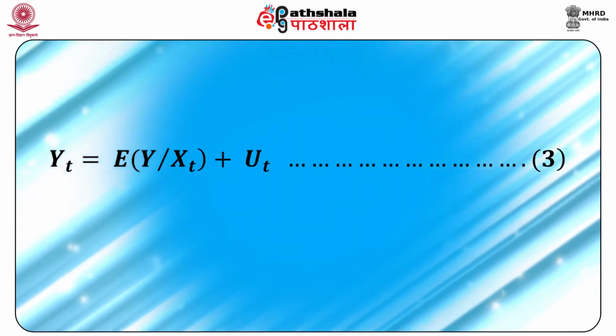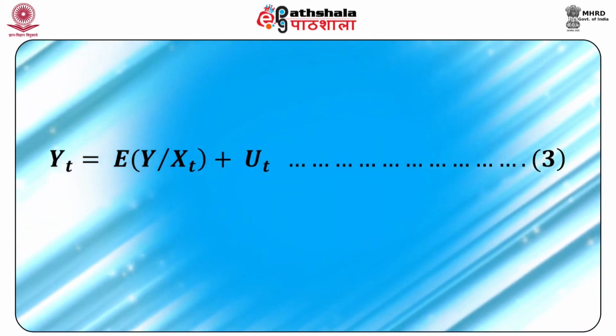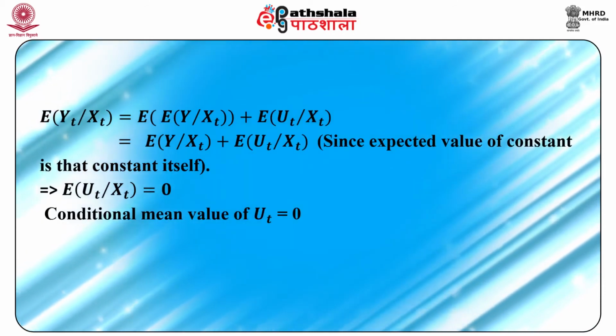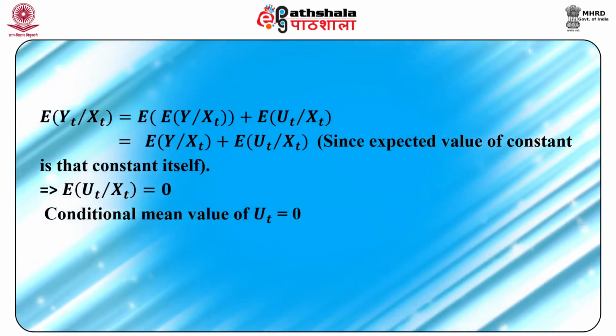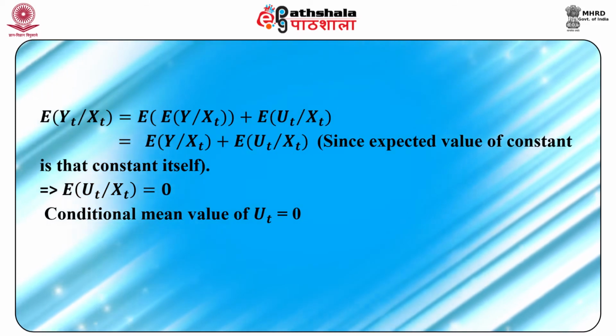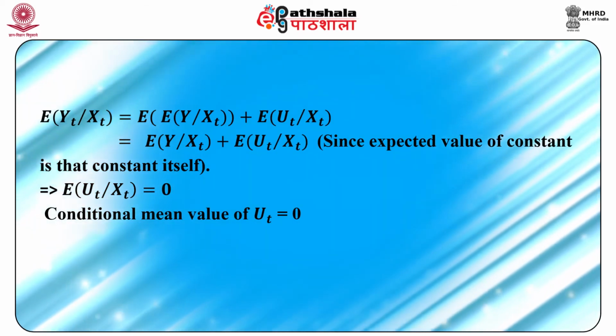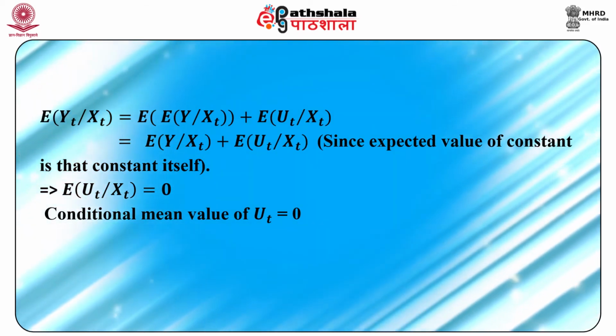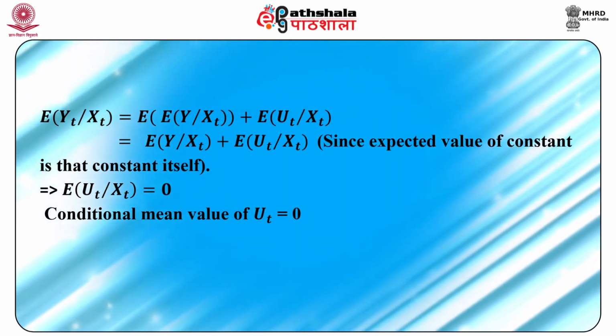So, the conditional mean of this disturbance term is to be obtained. In equation 3, we take expected value of both the sides and we obtain expected value of yt given xt equal to expected value of y given xt plus expected value of mu t given xt.